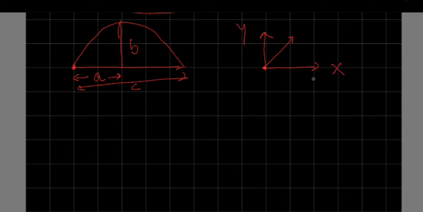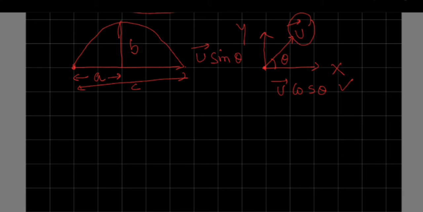So if the velocity is u, and the particle is making an angle theta with the x-axis, then the resolution of this vector will be u cos theta for the horizontal component and u sin theta for the vertical component. I'm hoping that you have heard about it and learned about it before as well.